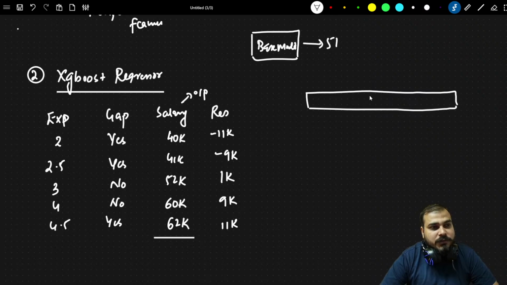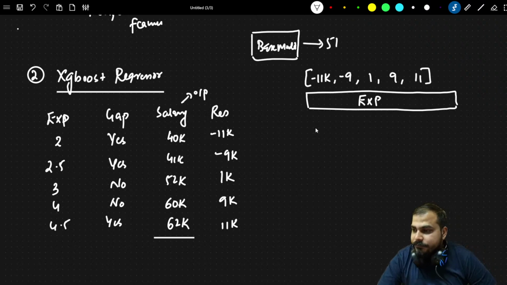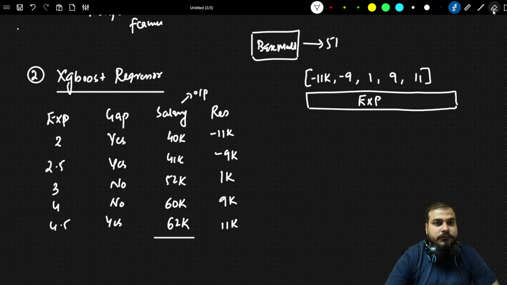Here I'm going to use my experience feature. I know what values are going to come: minus 11K in the root node, minus 9, 1, 9 and 11. So this is 42K.